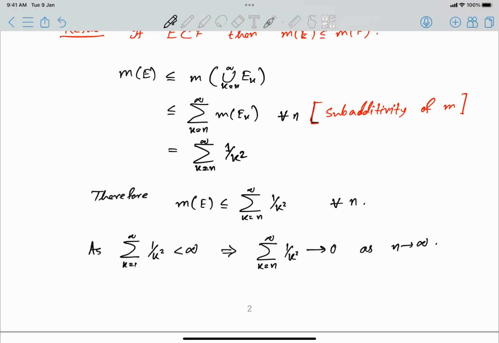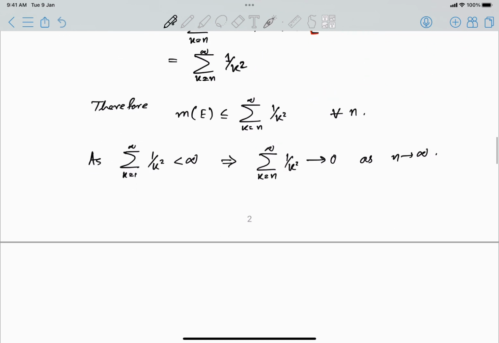So this is saying that whenever this series is convergent, the tail part of this series will go to 0, right? So we will use this, that as n tends to infinity the tail part goes to 0.